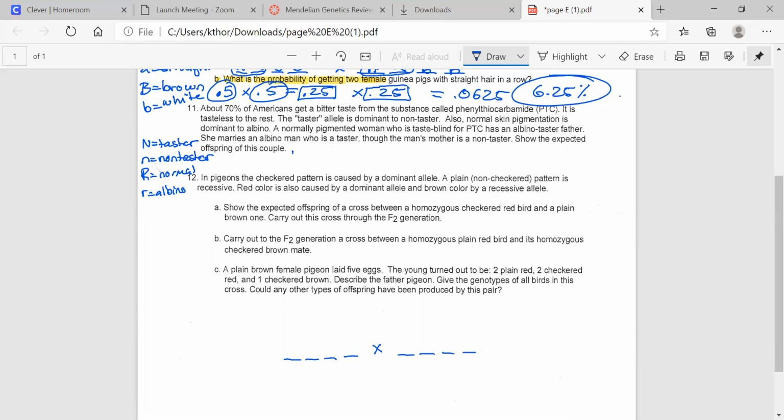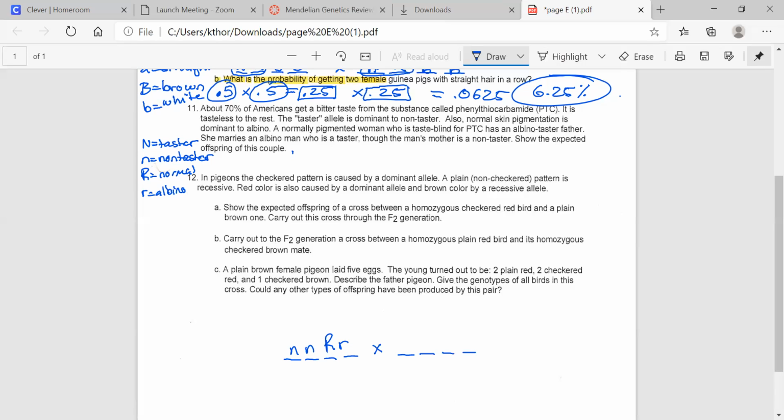A normally pigmented woman who has an albino taster father. Okay, so she's heterozygous. She is not albino, but her father is. She's taste blind, so she's recessive for that. That's her. Sorry for the confusion. That is her.